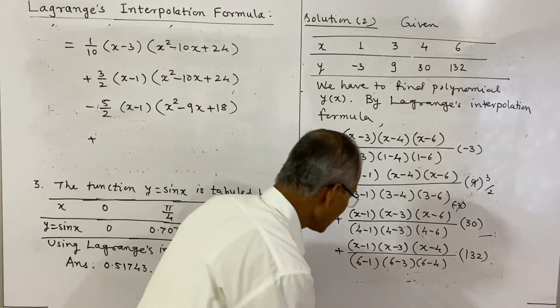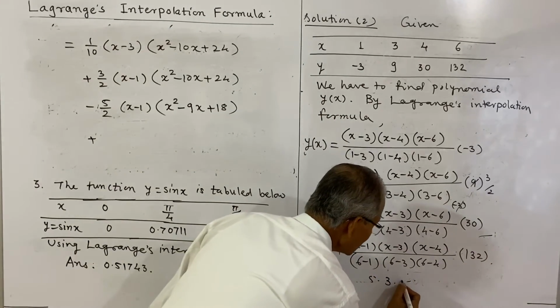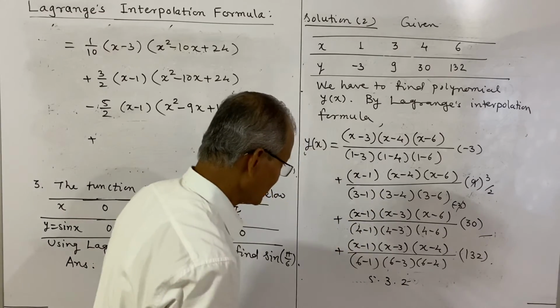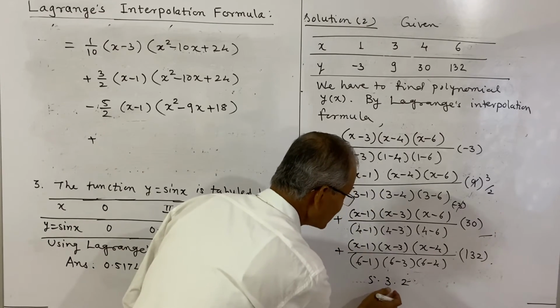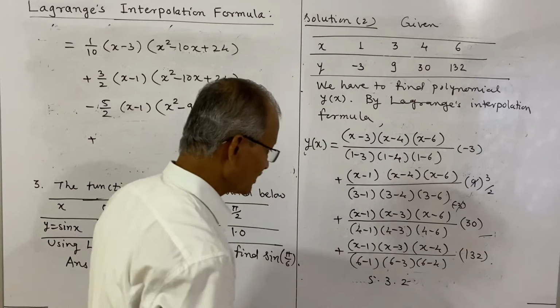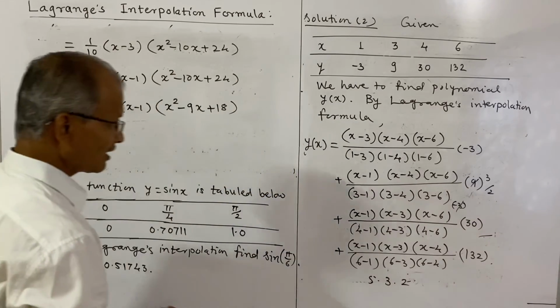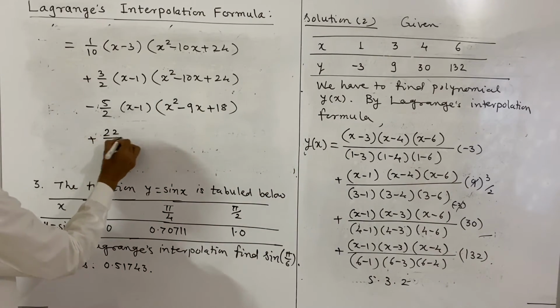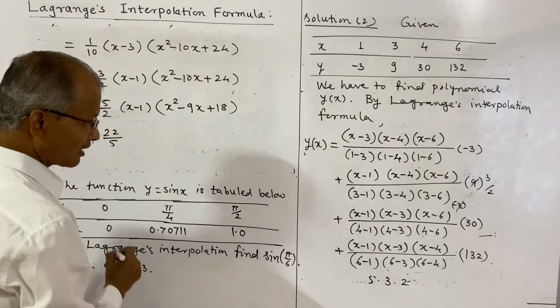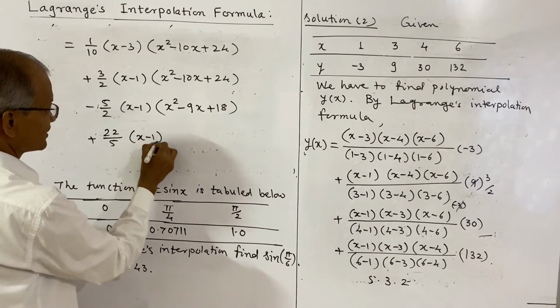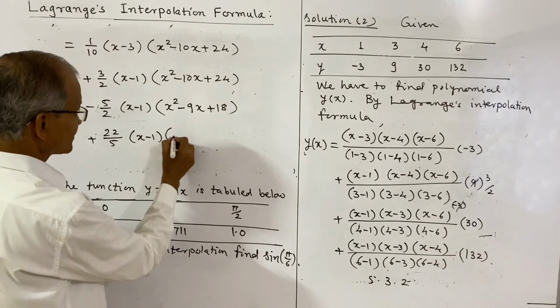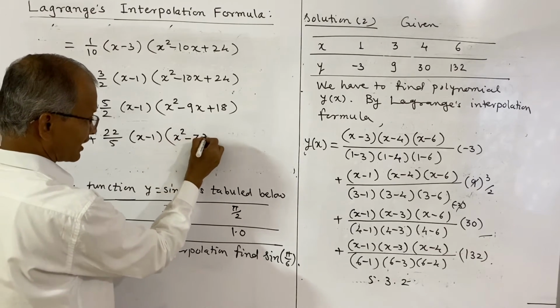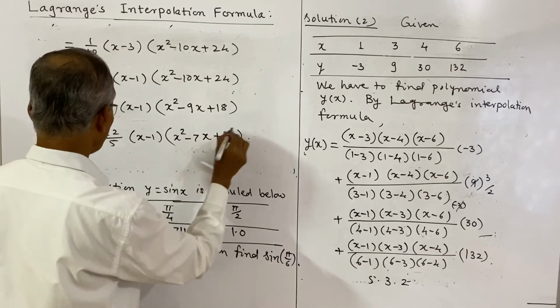It is 5 into 3 into 2, and that is 6, and 132 is divisible by 6, and it is 22 divided by 5, and (x minus 1) as it is, in bracket x square minus 7x plus 12 will remain.